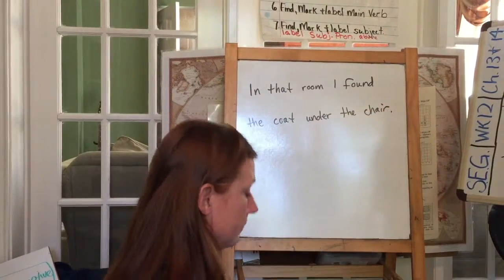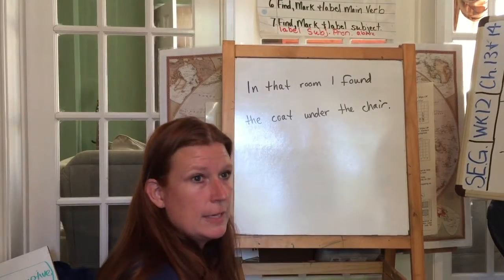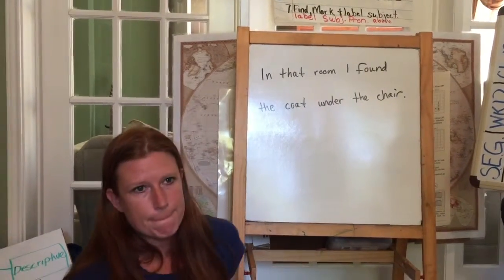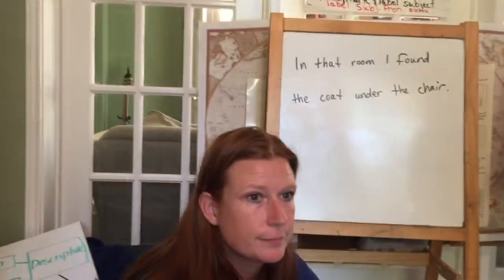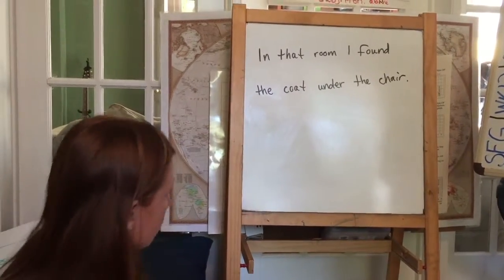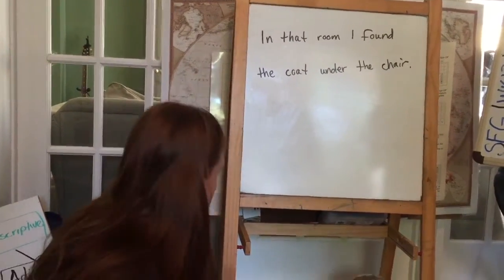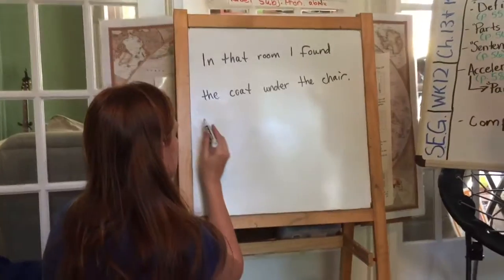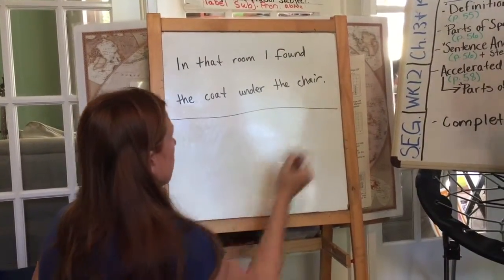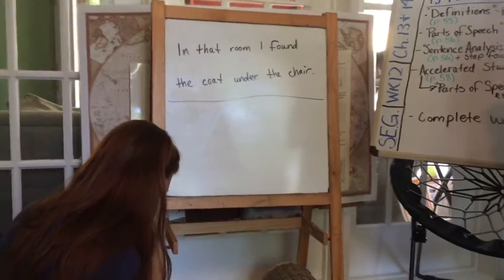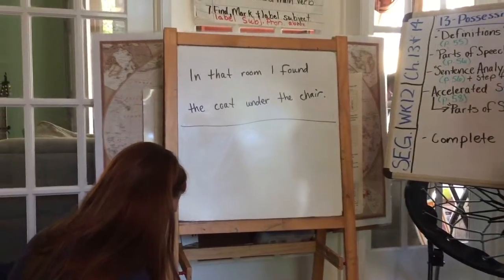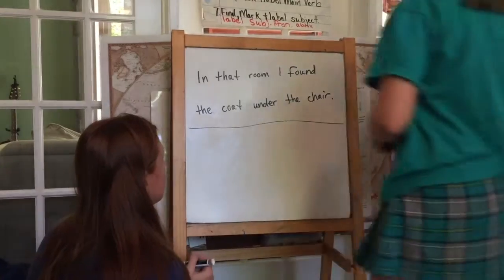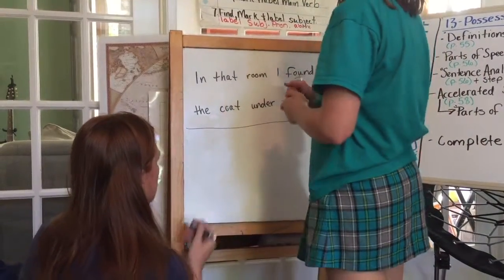Step number 1. Read whole sentence. Yes, and your exercises. In that room, I found the coat under the chair. Sentence analysis number 2. Check for twos. There is no twos. Number 3. Find and label preposition words.